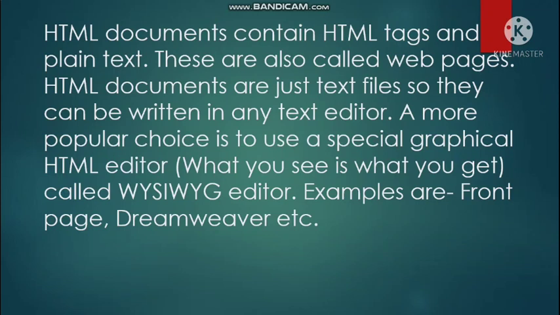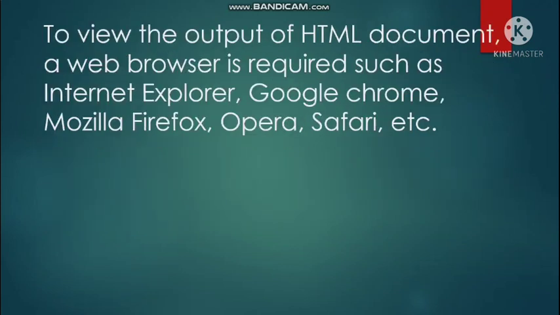But for this class, we are going to use a text editor. Either we'll use Notepad or WordPad. So you can write somewhere in your copy or book that the two text editors used for HTML are Notepad or WordPad. Then to view, once you have written the code of HTML, how to view the output.